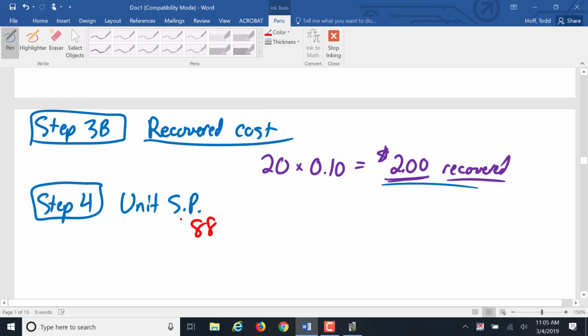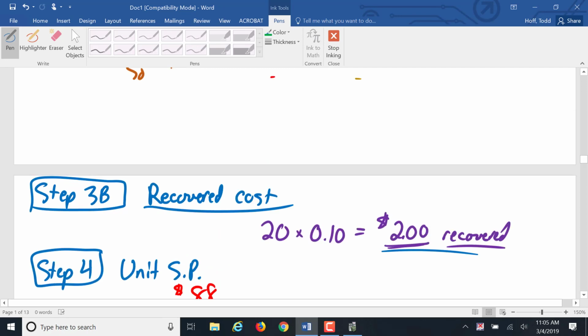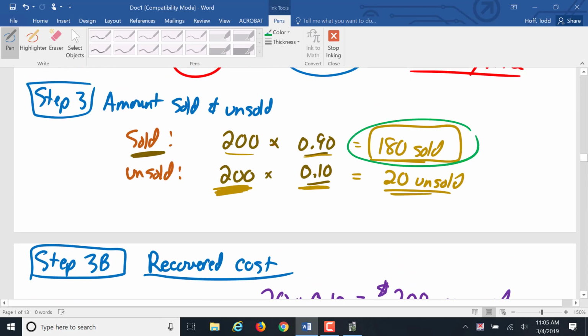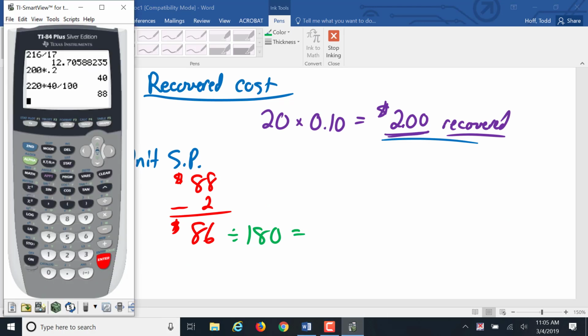We're going to take that $88 and we're going to subtract the $2 that we already recovered from the unsold donuts, from the liquidated donuts. Then we're going to divide that by the number sold. There were 180 sold. So that 86 gets divided by 180 donuts. Once again, this will be an ugly decimal, so we'll round it to the nearest penny.